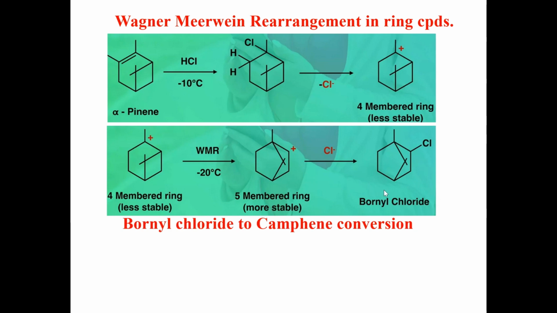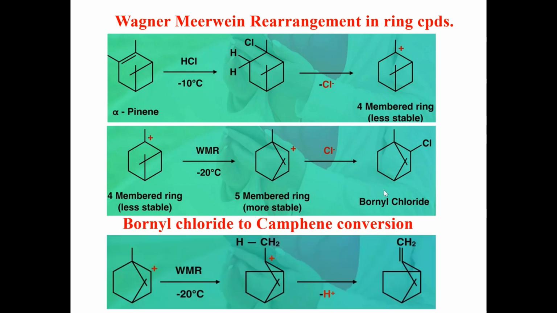The bornyl chloride can be converted to camphene by Wagner-Meerwein rearrangement. This 5-membered ring system can undergo Wagner-Meerwein rearrangement at minus 20 degrees centigrade. The alkyl group here shifts towards this, giving rise to another tertiary carbocation.